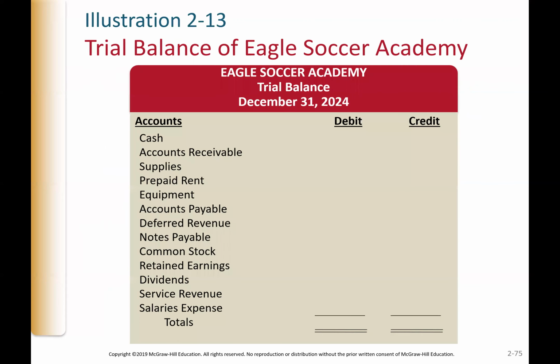Know that the order of accounts in a trial balance, we always start with our assets. Then we do our liabilities. Then we do our stockholders' equity. We start with our assets: cash, accounts receivable, supplies, prepaid rent, and equipment. Those are our assets. And we know they will have a debit balance.